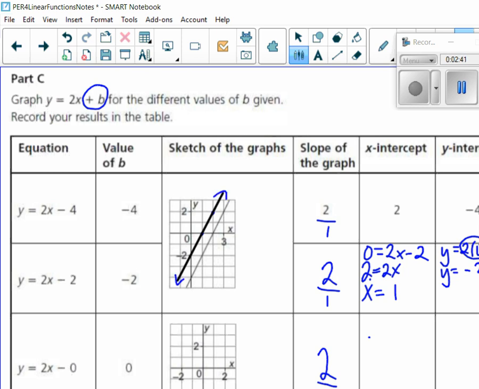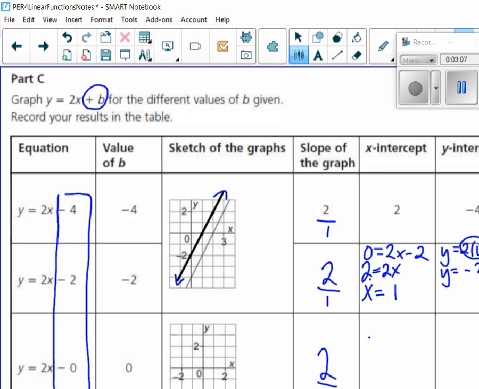Okay, so what can we conclude here? When it's written in y equals mx plus b form, I can read the y-intercept. Does everybody see that these are all the y-intercepts? Why? Because when x is 0, that wipes away the 2x on every single one.